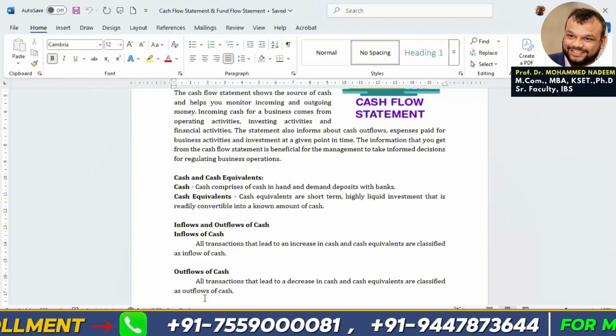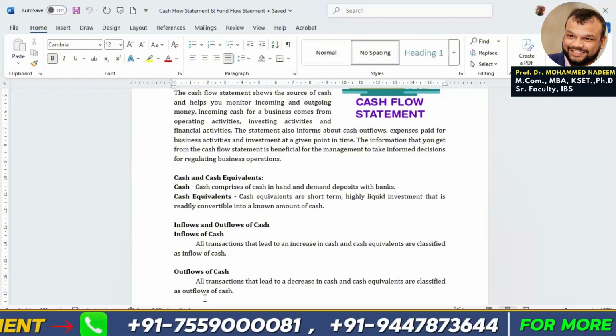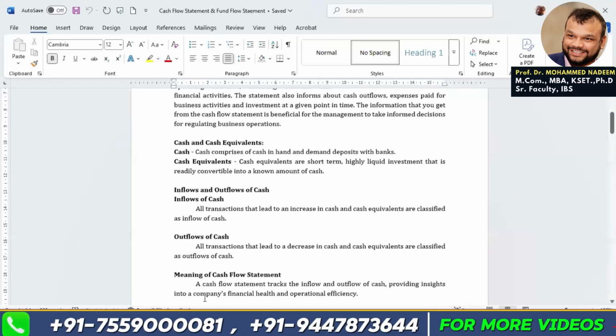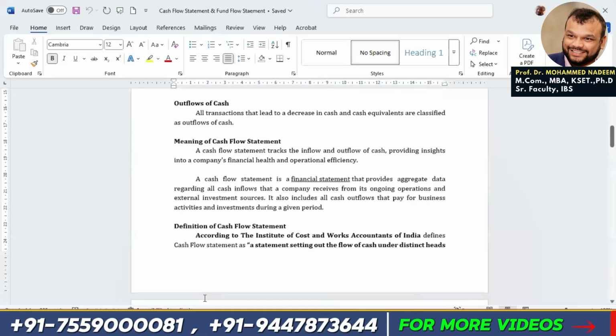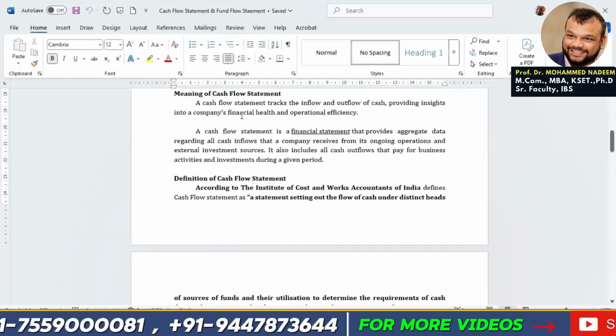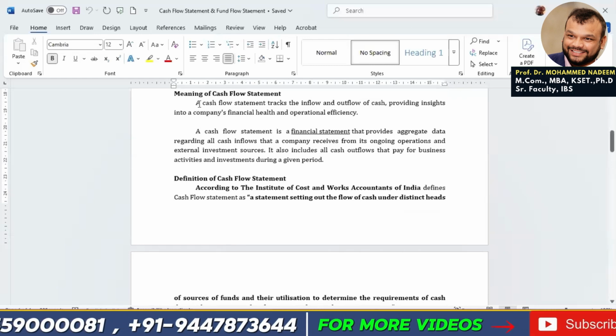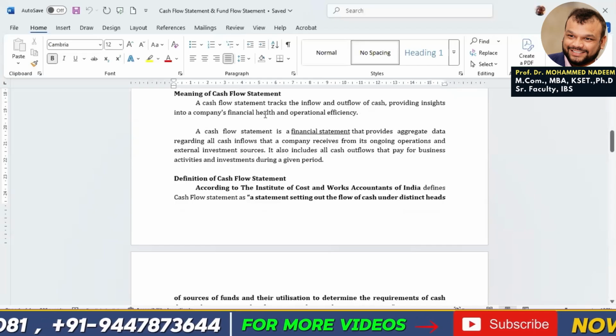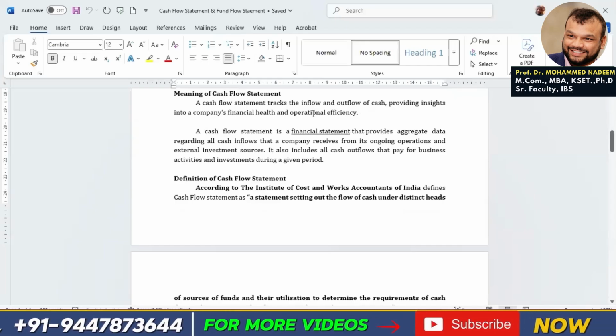And when cash is coming into the business, that is categorized as cash inflow. Now, what do you mean by cash flow statement? As I said, a cash flow statement tracks the inflow and outflow of cash, providing insight into a company's financial health and operational efficiency.